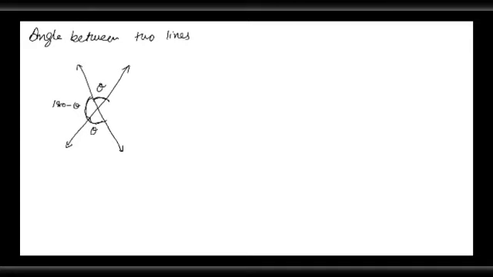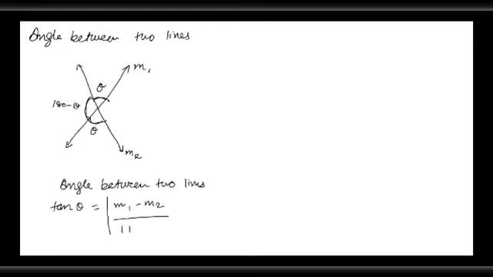So we will assume that the slope of one line is m1, whereas the slope of another line is m2. Then the angle between two lines can be found out using the formula tan theta is equal to modulus of (m1 minus m2) upon (1 plus m1 into m2).